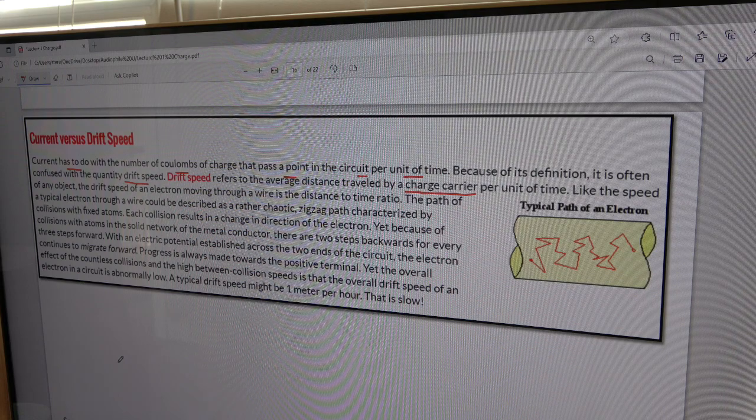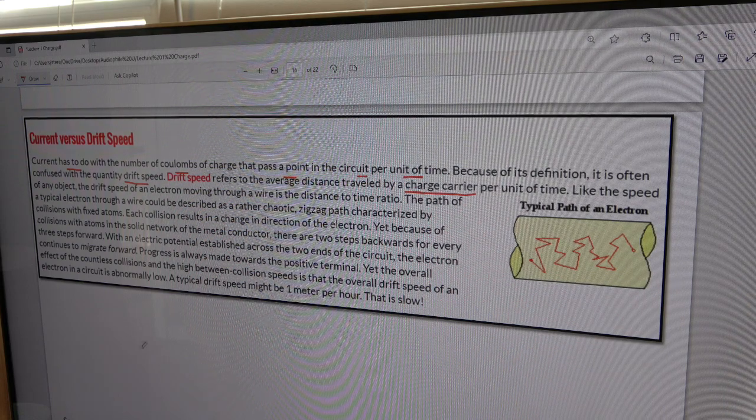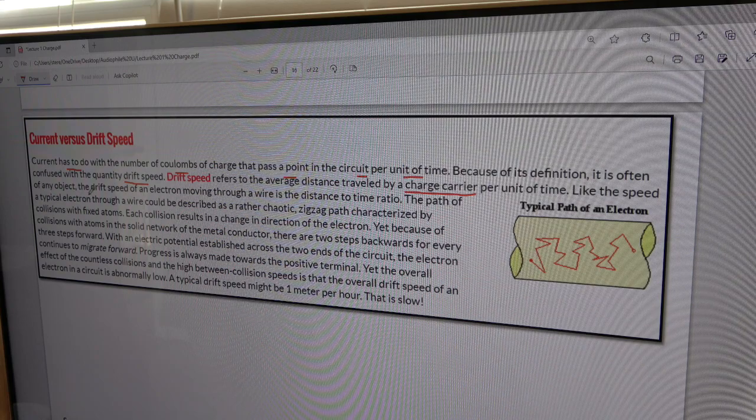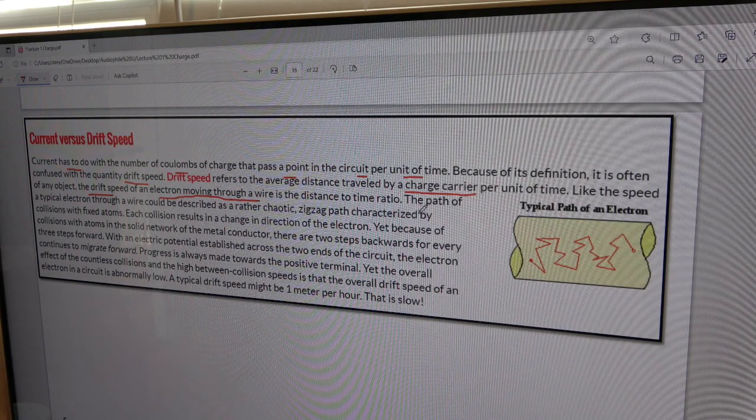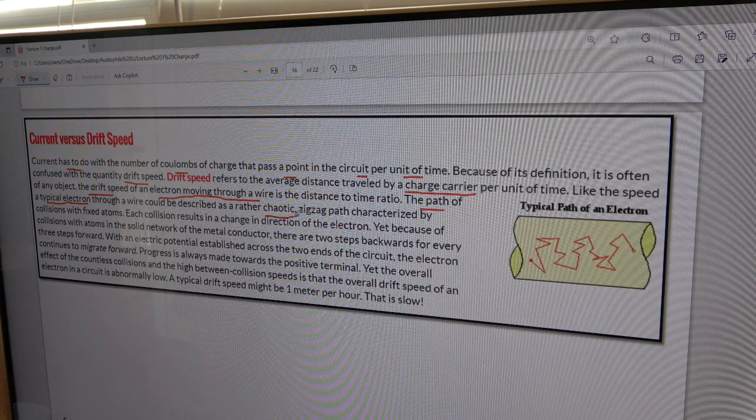Now, this is where it gets surprising. The drift speed of an electron moving through a wire is like a distance to time ratio. Now, here's the key. I'm not going to get too technical, but here's the kicker. The path that a typical electron takes is chaotic and zigzag, like this right here.